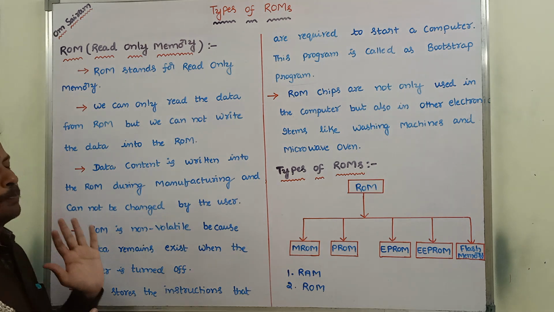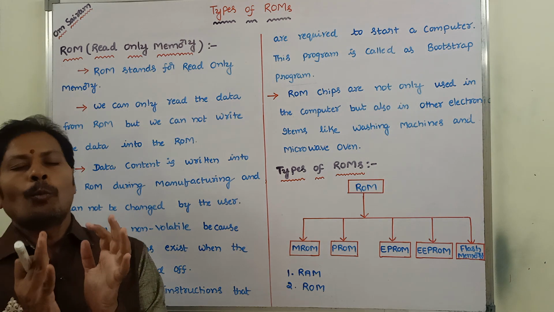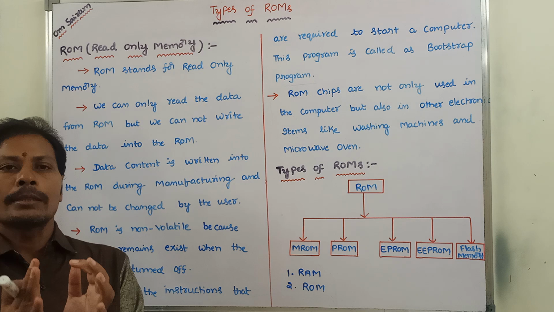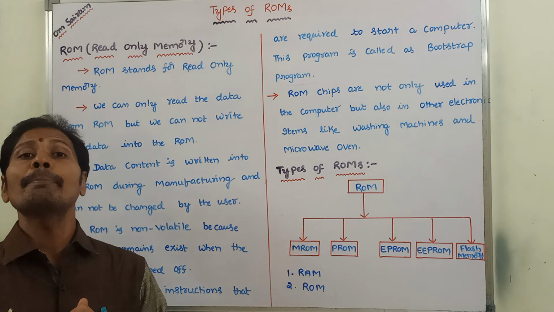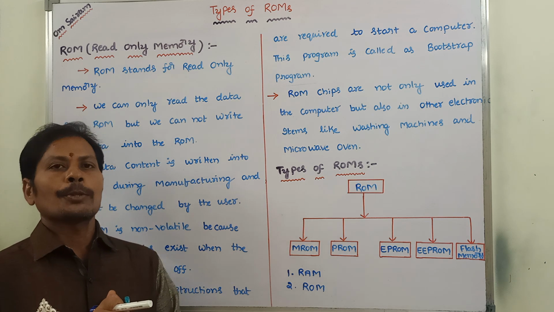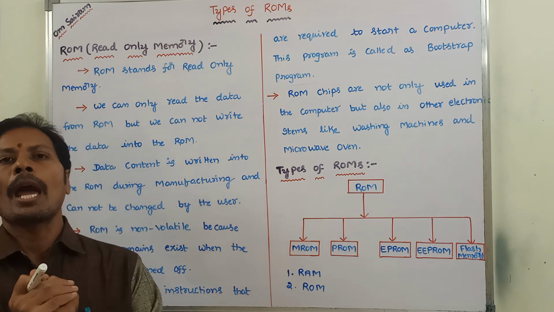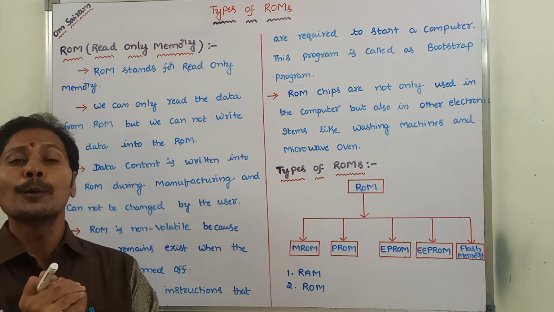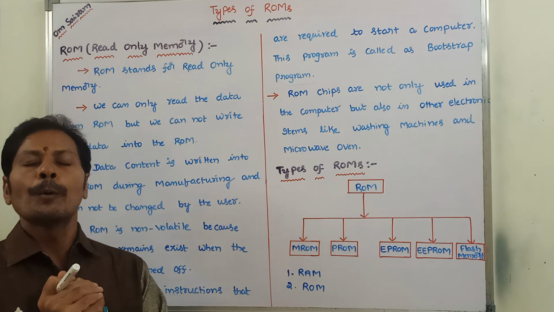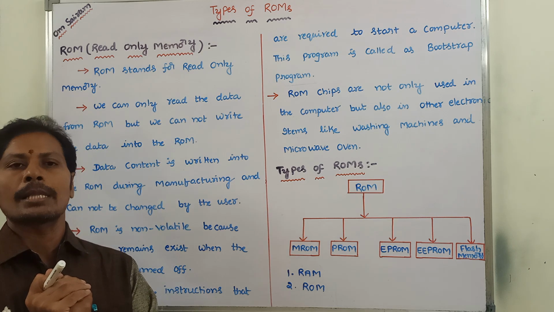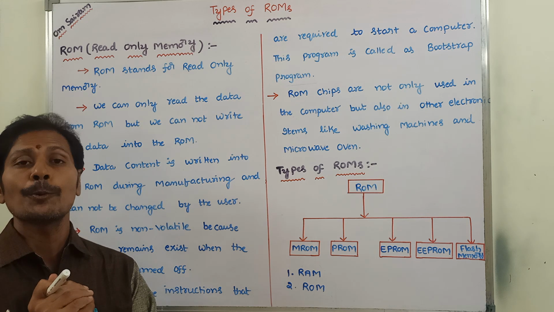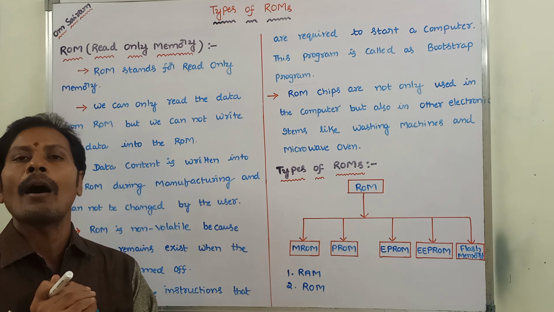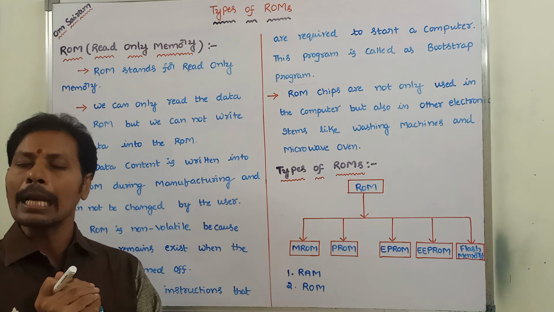Then, what type of data do we store in the ROM while manufacturing? In the ROM, we store a bootstrap program. Bootstrap program is nothing but a set of instructions that are used for starting the computer or a laptop.